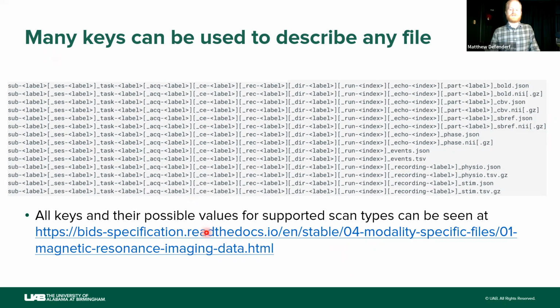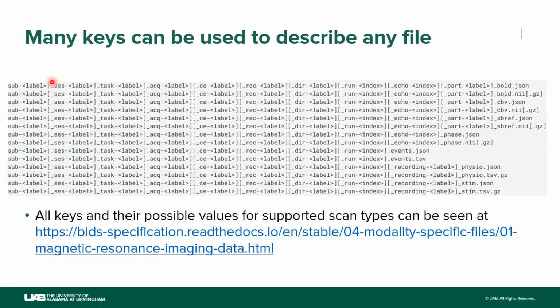So if you go onto the BIDS specification site, I've got the link right here for you. It has it sorted out into different sections for anatomicals, for functionals, for diffusion, for QMRI, for EEG, and everything else that you can really think of besides MRS. But again, I'll get to that.